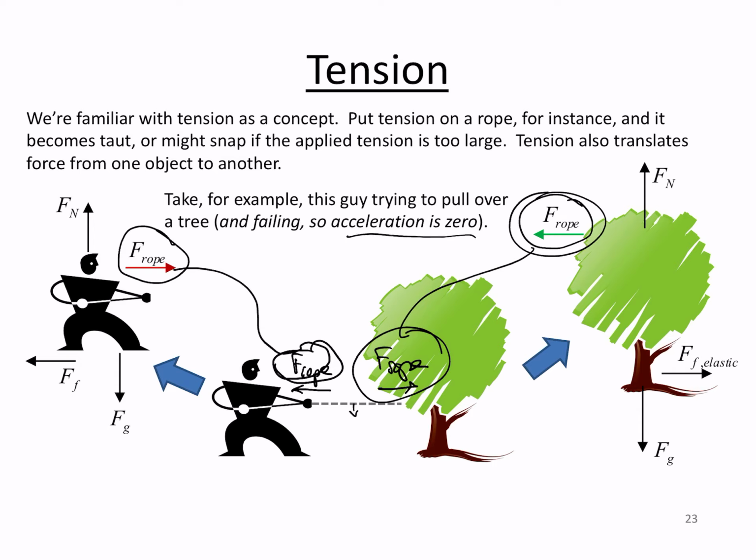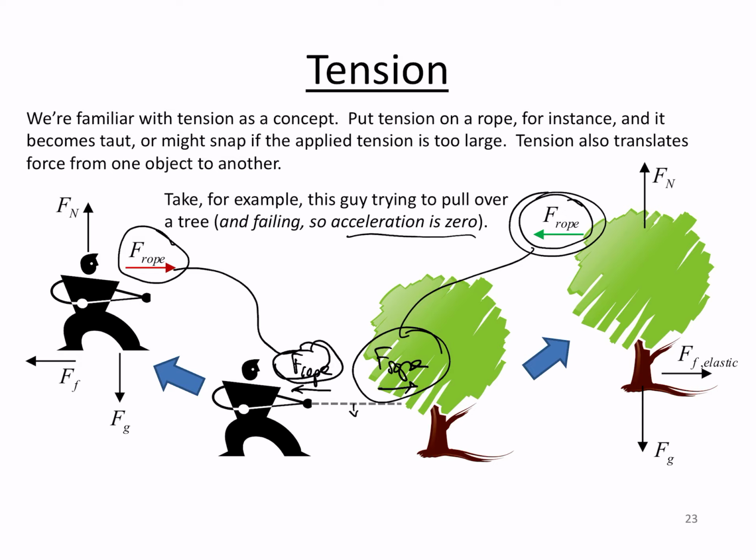And this turns out to be a general statement that when you have a taut piece of rope or chain or thread or whatever fiber it is connecting one thing to another, then the tension force in that rope translates equally to both ends of that rope, okay?